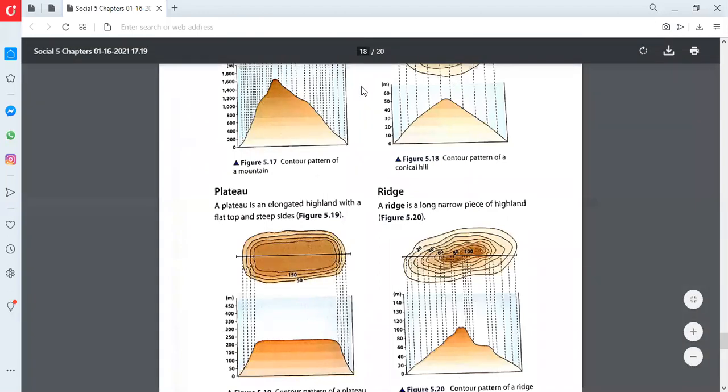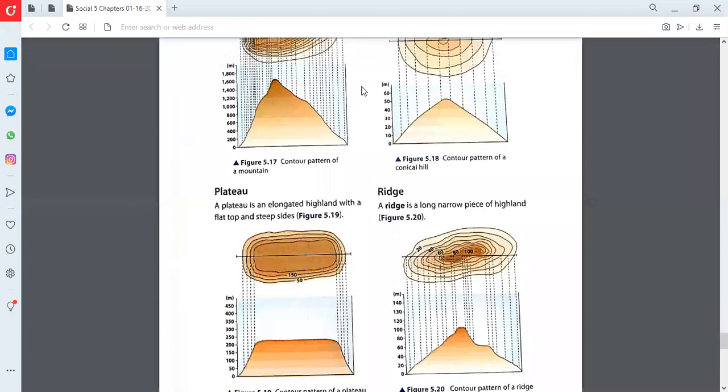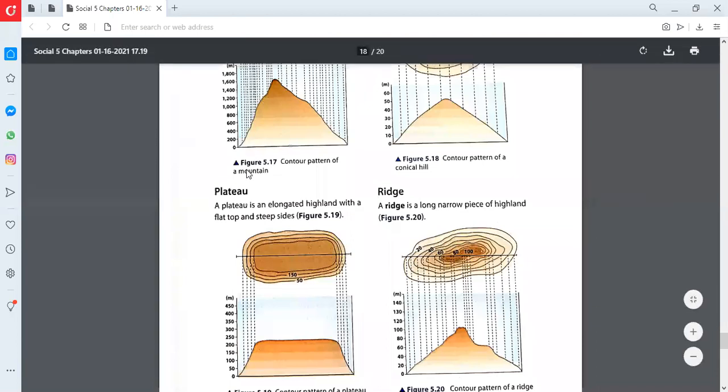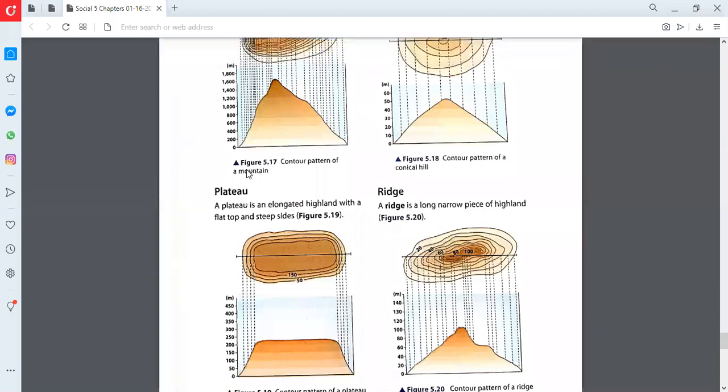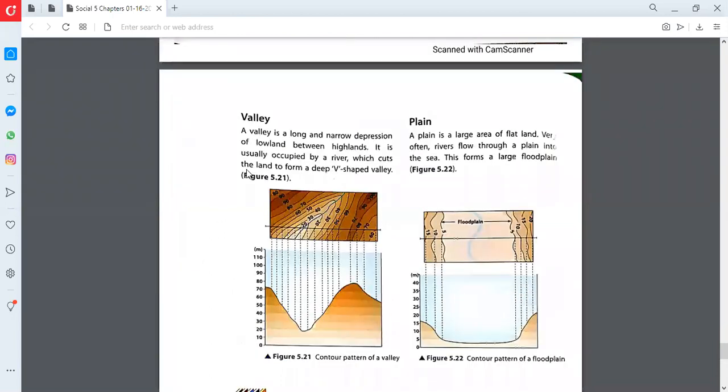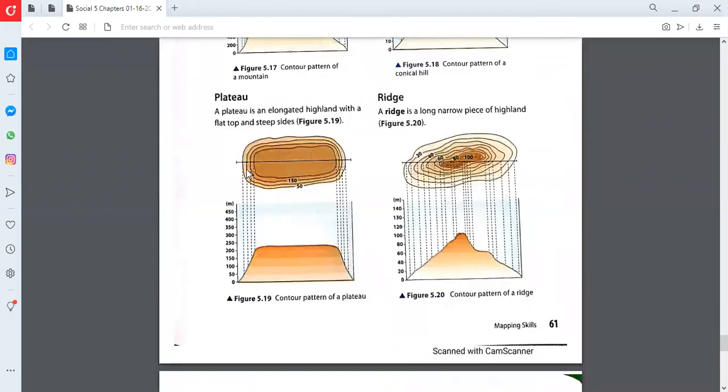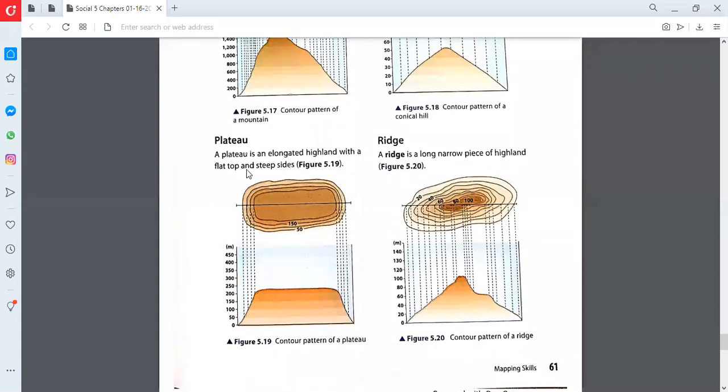So contour lines are used to show the shape, the slope, and the features of the map. And with the help of contour lines, we display the mountains, the hill, the plateau, the ridge.